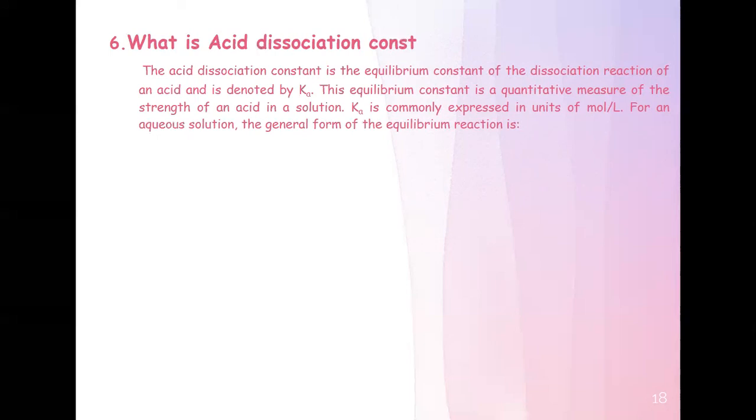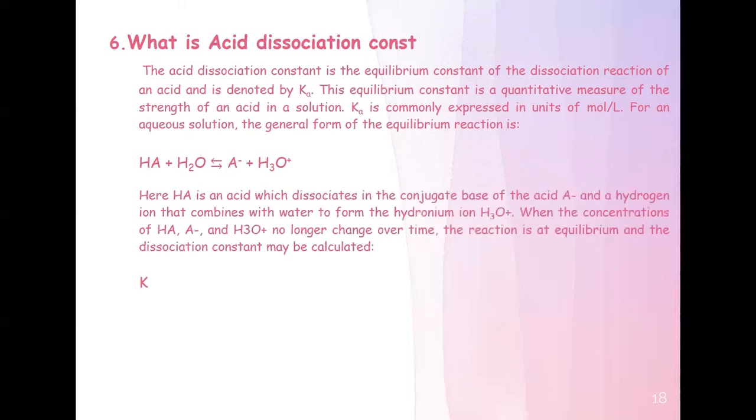The general form of the equilibrium reaction is, suppose you have an acid and you want to dissolve it into water, then it is dissociated into A minus plus H3O plus. It is dissociated into the conjugate base of the acid, that is A minus, and a hydrogen ion that combines with water to form a hydronium ion, that is H3O plus.